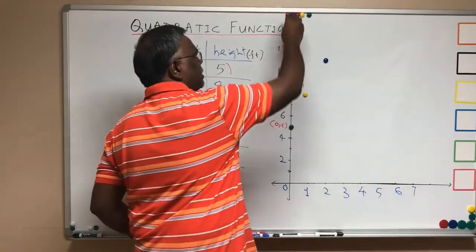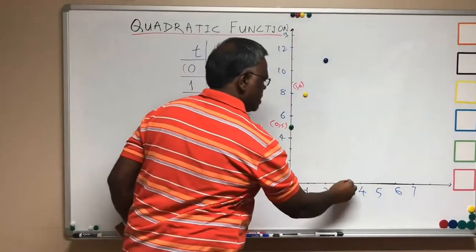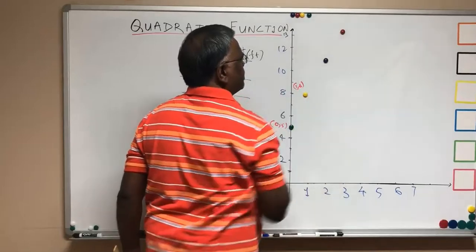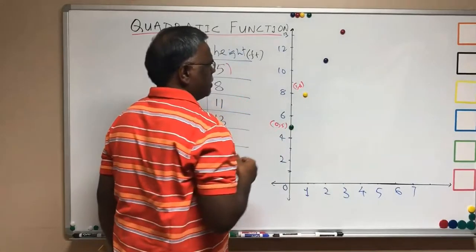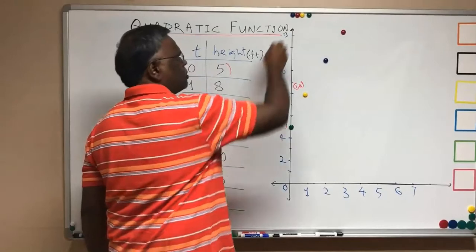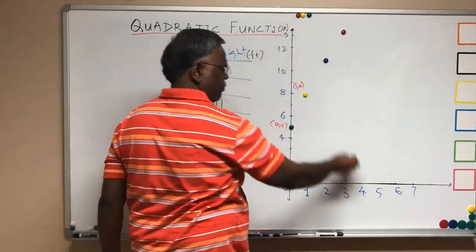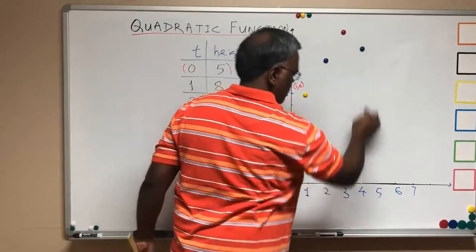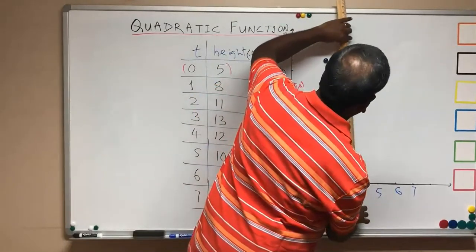Then (3, 13). For x equal to 3, 13 is somewhere there. Now take 4, which goes to 12. X is 4, y is 12.